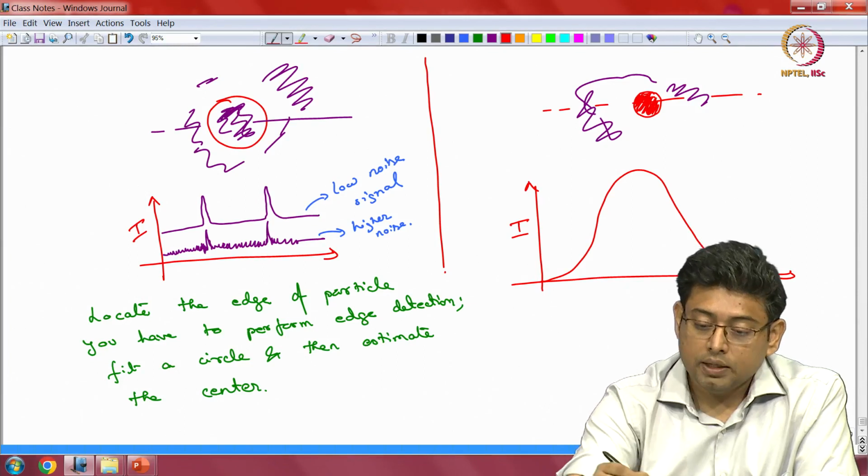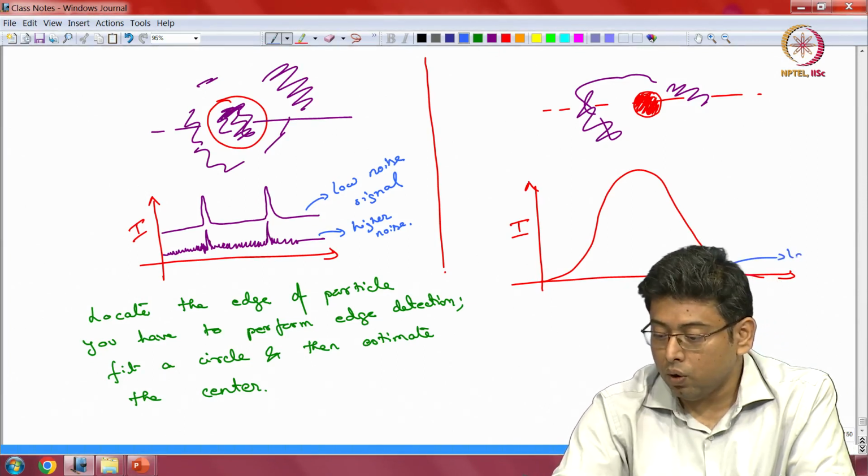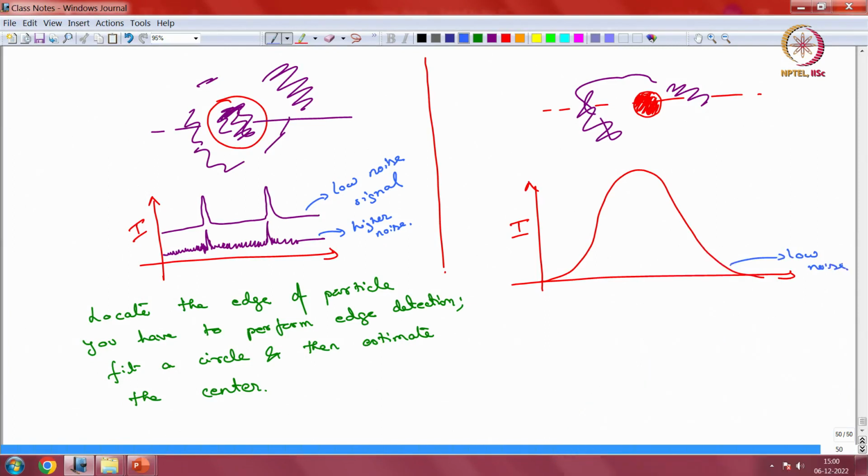This is again a low noise signal, and then if you have a higher noise, then the signal can look something like this. So, this is a higher noise case. Here, if you wanted to track the center, you have to track the brightest pixel, and that is the center.